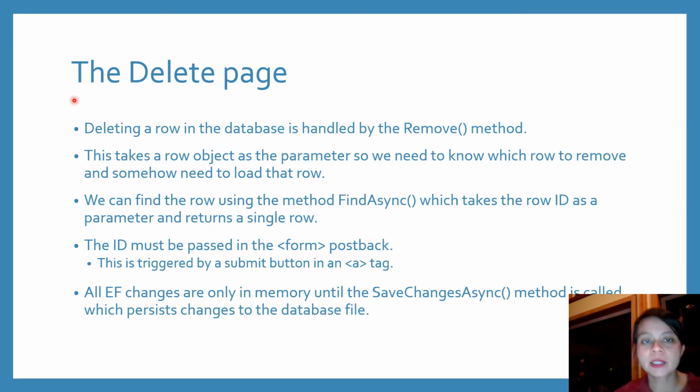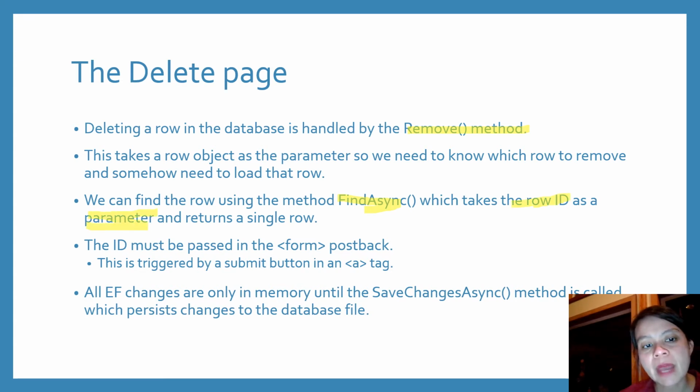Next, let's look at the Delete page. Deleting a row in the database is handled by the Remove method. This takes a row object as the parameter, so we need to know which row to remove and somehow need to load that row. We can find the row using FindAsync, which takes the row ID as a parameter and then returns a single row.